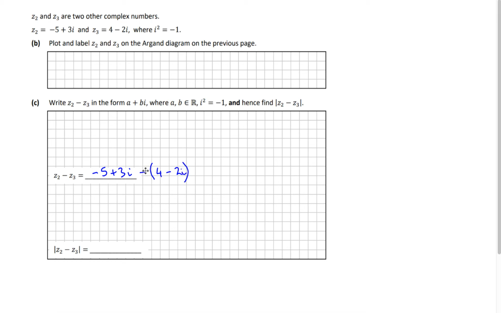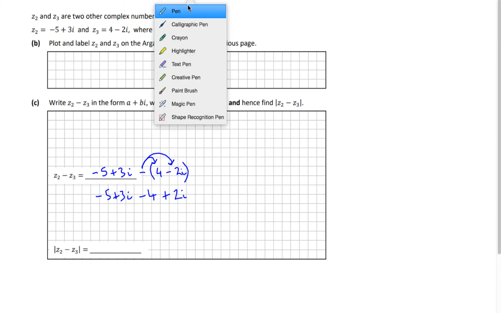The reason we protect there is because this minus effectively multiplies in here. Minus bracket 4 is minus 4. When we rewrite this, it becomes minus 5 plus 3i, minus by 4 is minus 4, and minus by minus 2i is plus 2i. Minus multiplied by minus giving us positive.